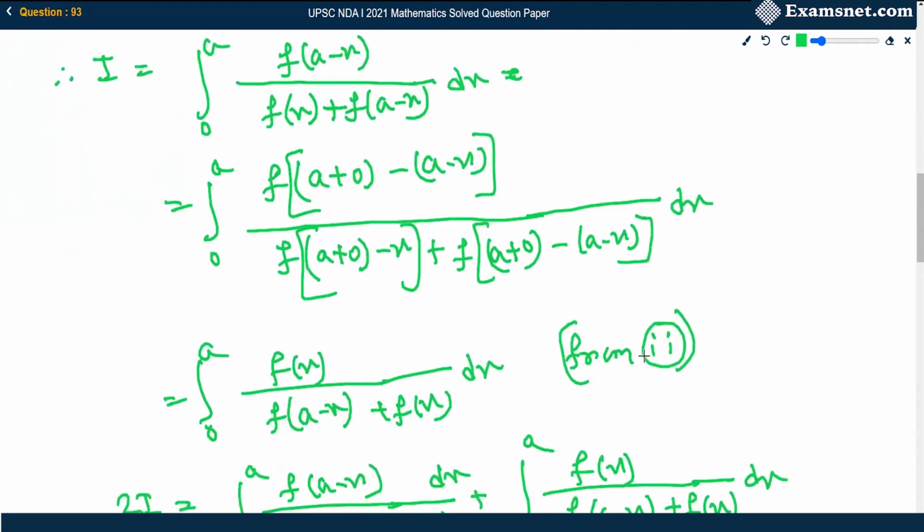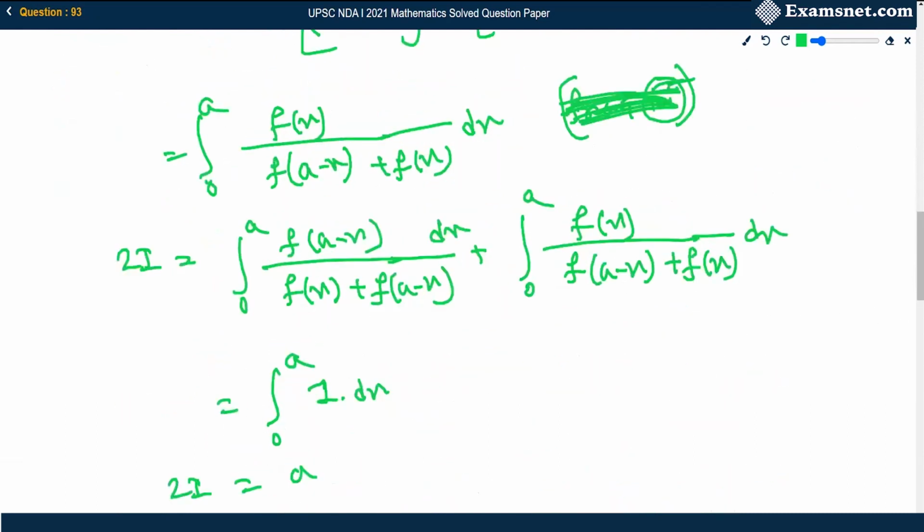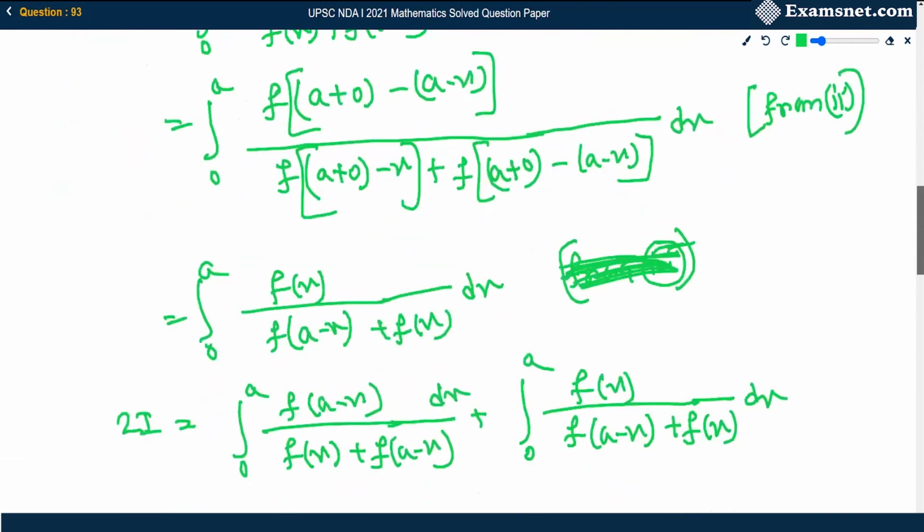So from the second equation I can write f(x), okay, not here, from 2 I should write here, because this is the simple calculation. Okay, so f(x) by f(a-x) and f(x). So now it becomes, look, 1, and I equals a by 2.